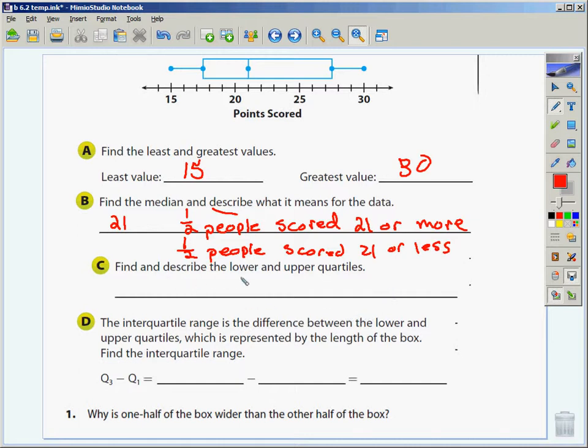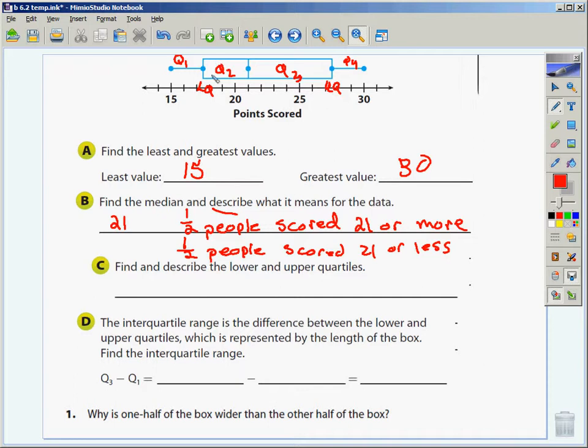Okay. Find and describe the lower and upper quartiles. The quartiles are listed this way: Q1, Q2, Q3, and Q4. The lower quartile is here. The upper quartile is this point.